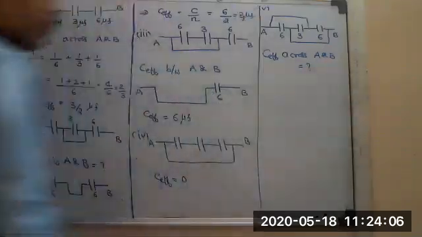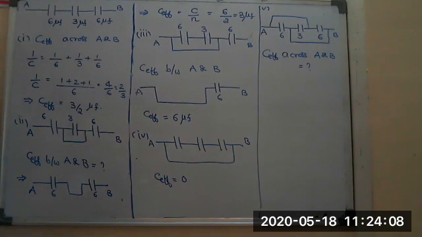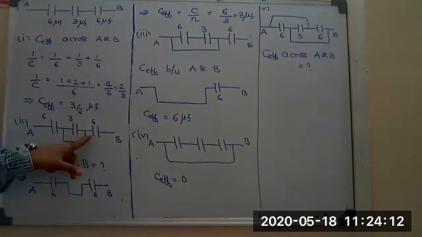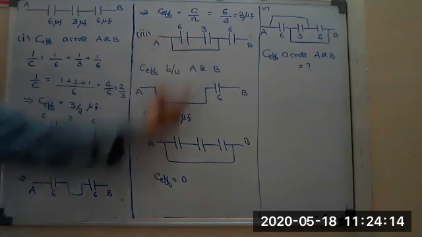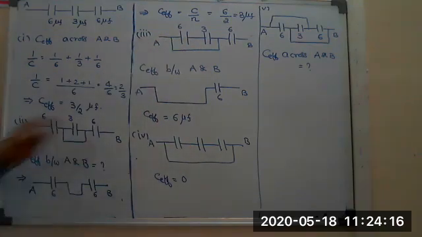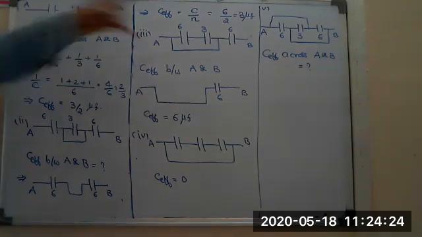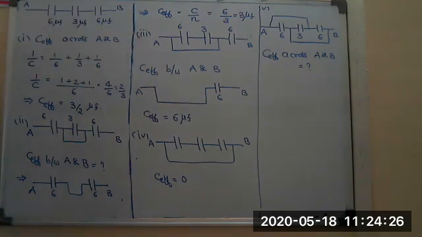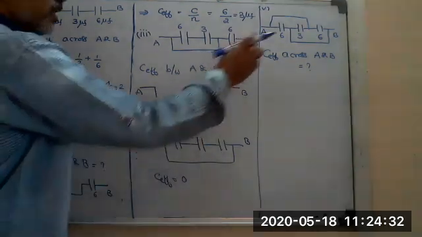So in case of short circuiting, if there is only one wire to short circuit a capacitor or group of capacitors here, then it will be very easy to solve. But if you take 2 wires there, then how to simplify the model?